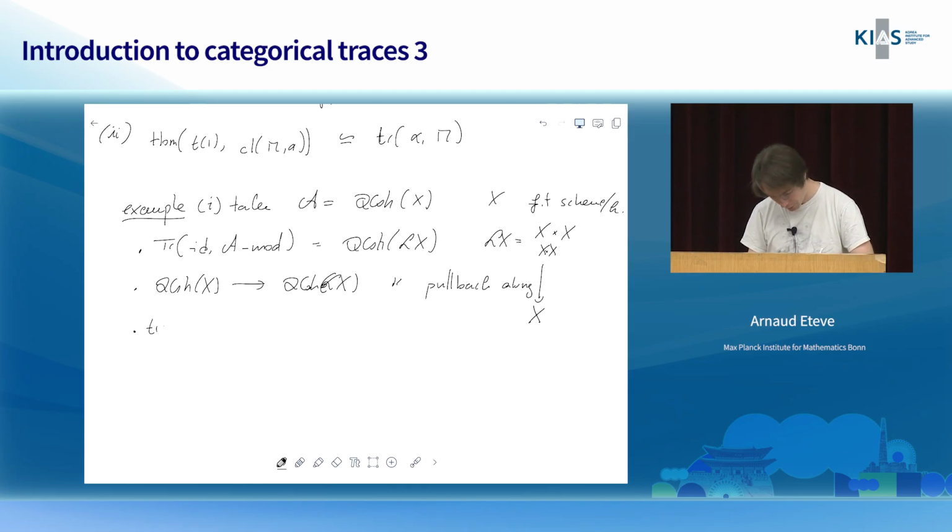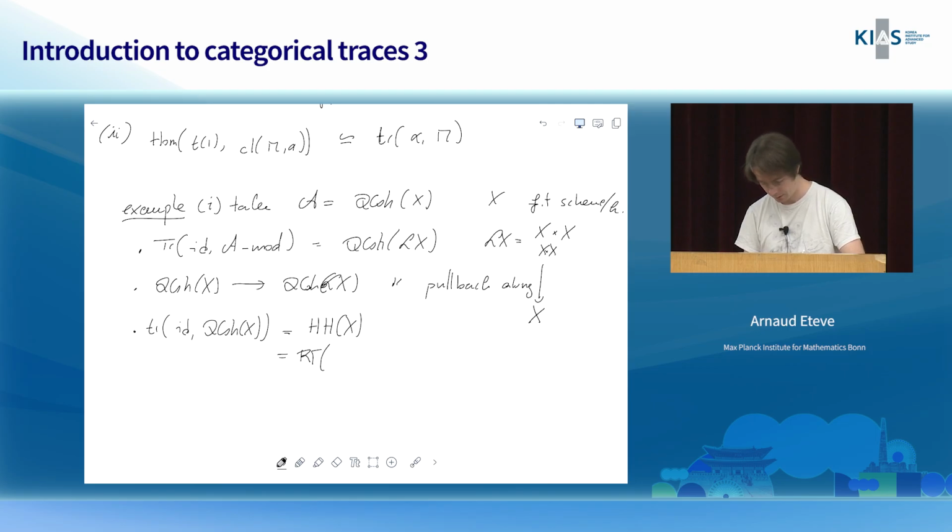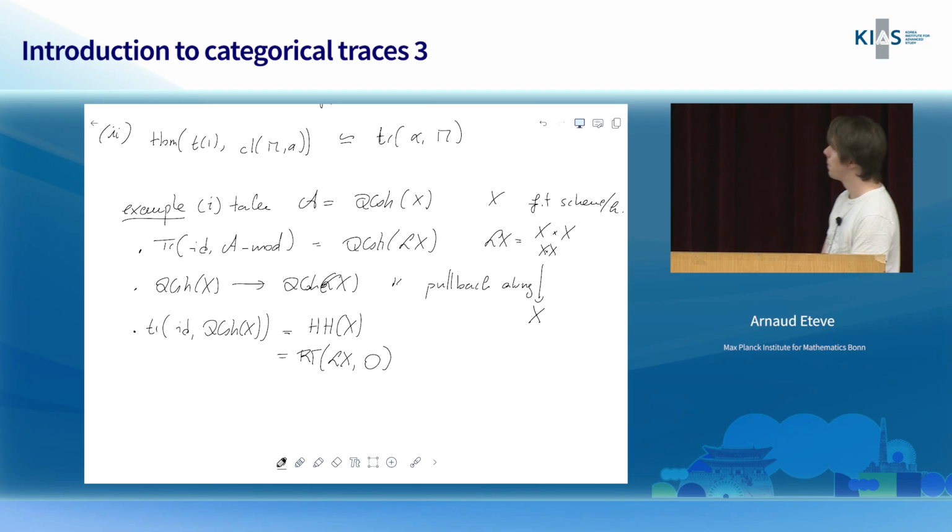And the small trace of identity on QCoh X was Hochschild homology of X, which is the same as global sections of the loop stack of the structure sheaf, evaluated on the structure sheaf. And so that here is an instance of the first point of the theorem.